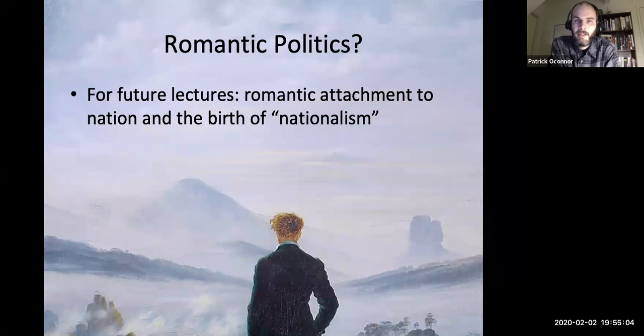Romantics believed that just like individual people, nations had souls. Nations were unique. They were essential. Now, that soul lives inside the people of the nation, and it is in their relationship to the land.